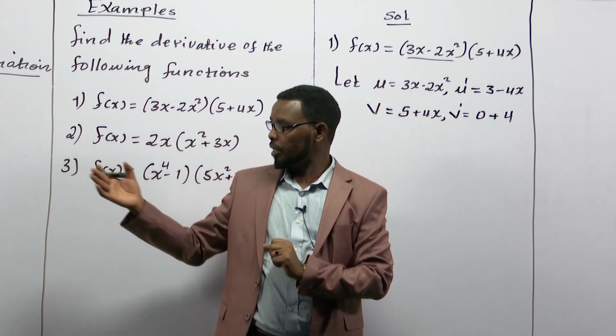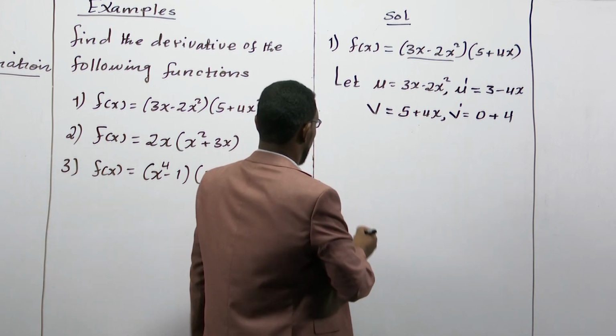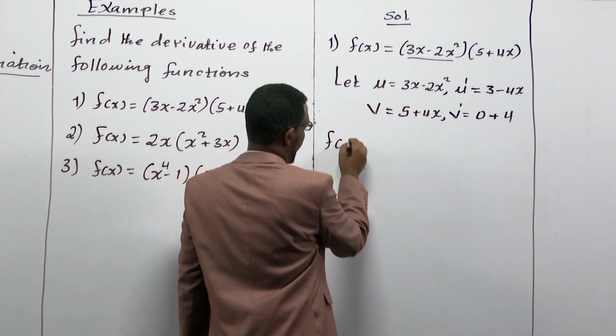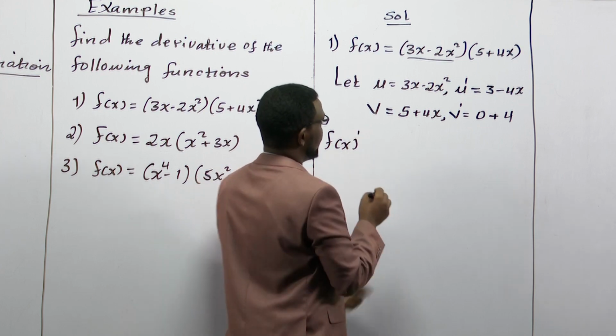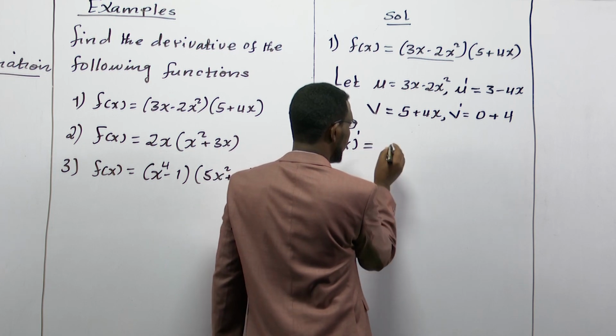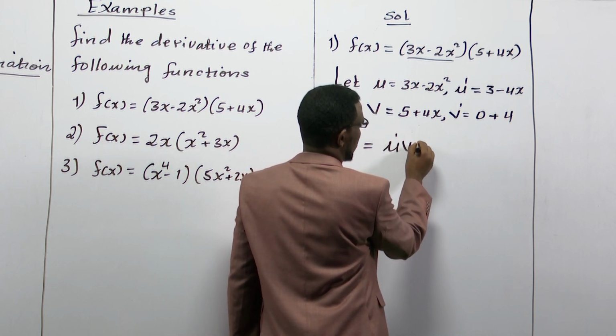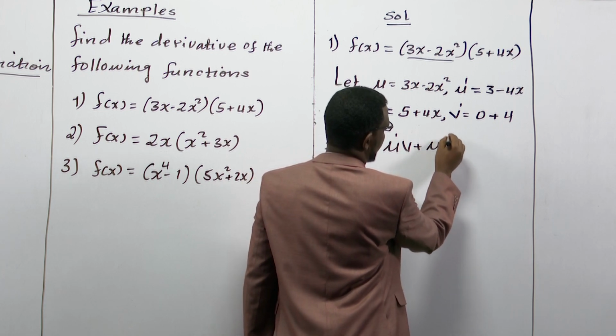Then we should substitute into our formula. In general, the derivative of this function f of x prime is equal to u prime times phi plus u times phi prime.